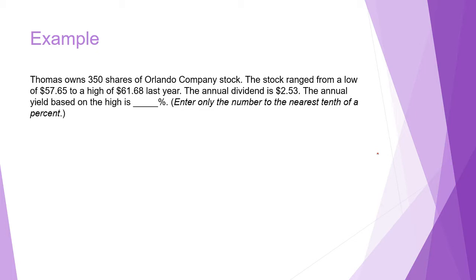So keep in mind the high and the low when you're answering these questions. They give you two different numbers. They give you the stock could be worth as low as $57.65 or as high as $61.68. So it fluctuates between those two numbers. However, the question is asking for the high only.